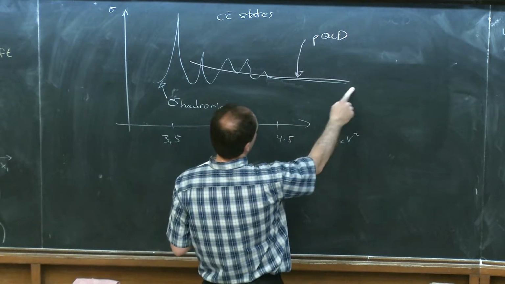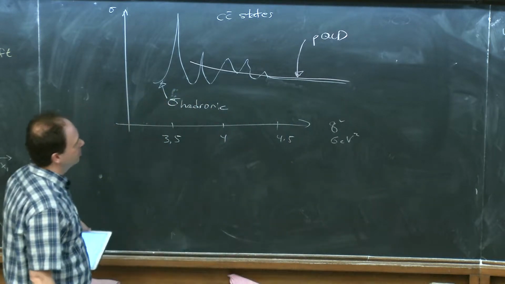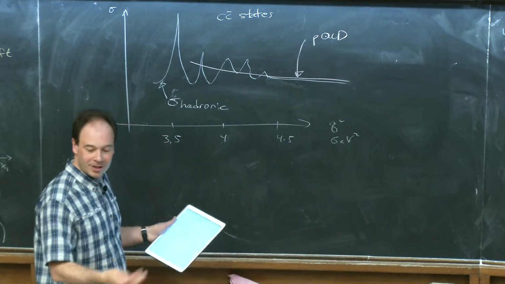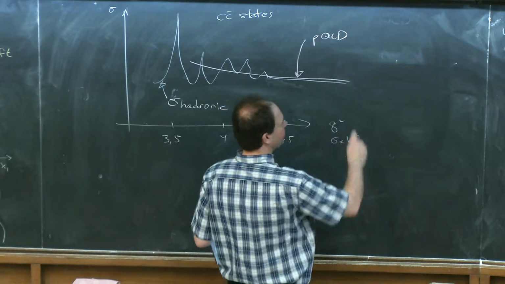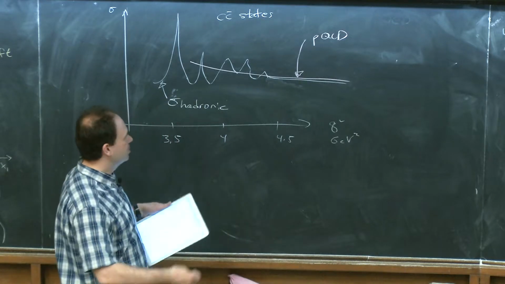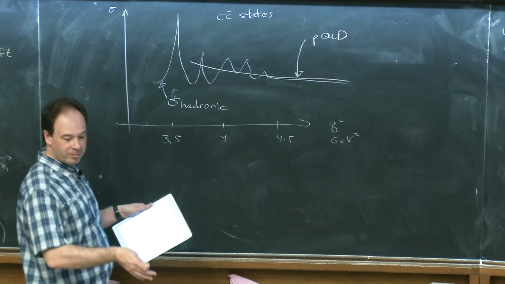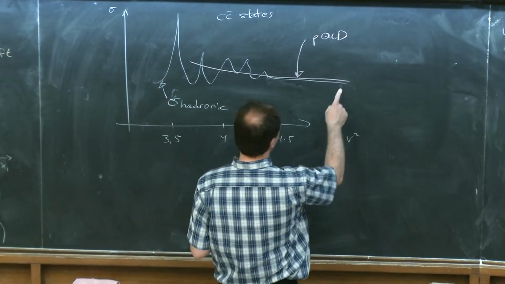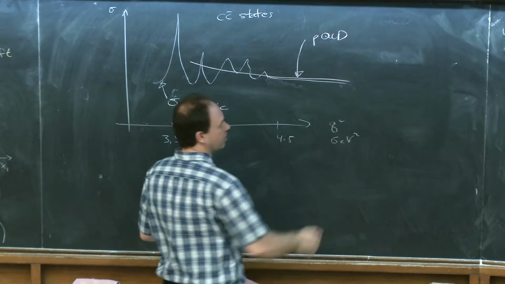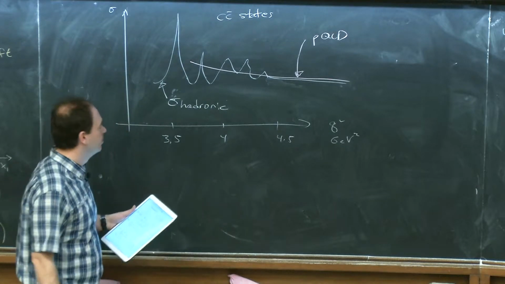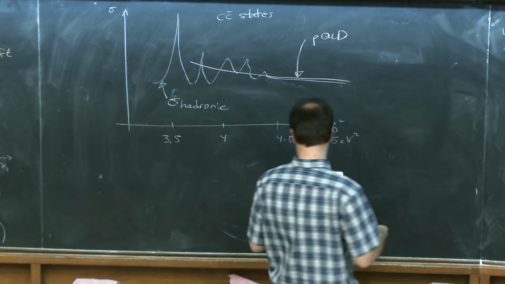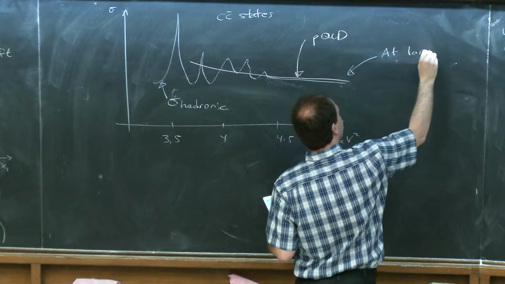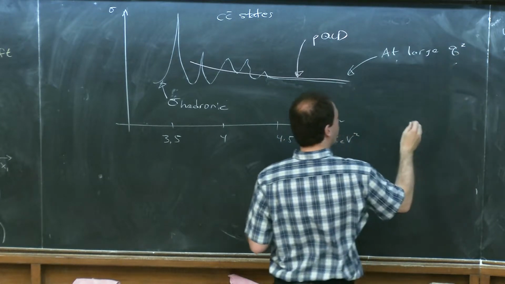And if I'm out in this tail, I can make a further approximation where I could just say, well, look, my experiment has some resolution. It's always going to be binned. And at high enough Q squared, even just the binning in the experiment might be good enough. There might be automatically enough states in that bin that I'm averaging. So as I go to higher and higher Q squared, I can make the bin size a bit smaller because there are more states in there. And therefore, at large Q squared, you can even think of comparing pointwise.